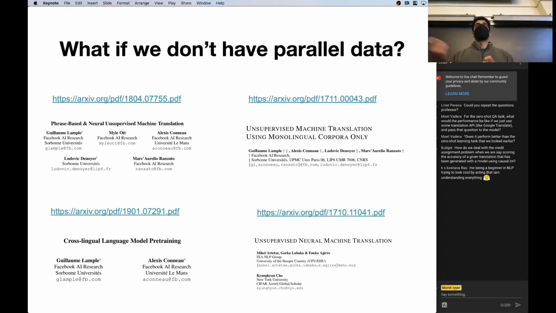This is probably the most interesting thing about this line of work: the vector space of these word embeddings looks similar regardless of what language they are. So like the position of cat in this vector space and cat, the French translation in the French vector space, are close together. So you can learn a mapping between words without having any sort of parallel data between the two languages.